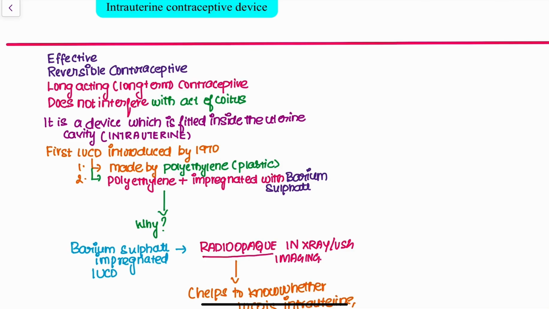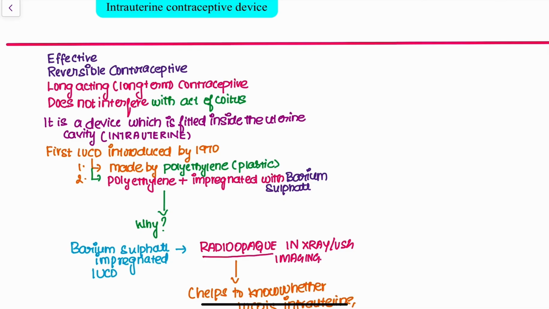But with this intrauterine contraceptive device, it can be used as a method of contraception for a longer period of time, unlike the other methods. In even simpler words, this need not be renewed every single month or every shorter period of time, which means this contraception can be used for a longer period of time, even for years, right? We will be discussing that in detail once we start discussing every salient point.